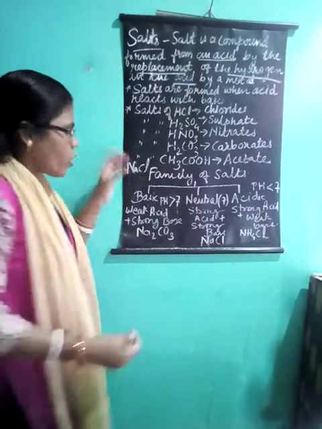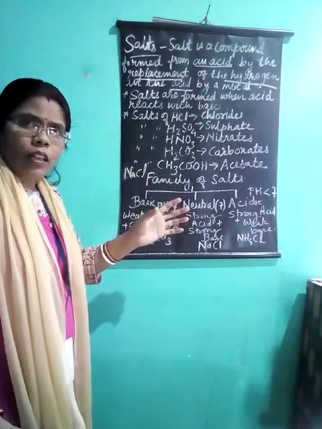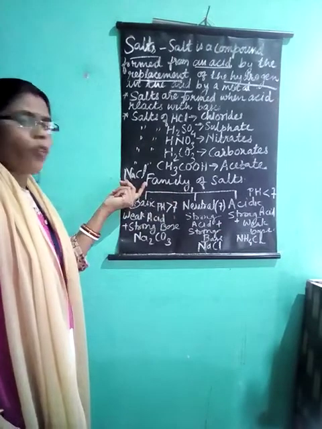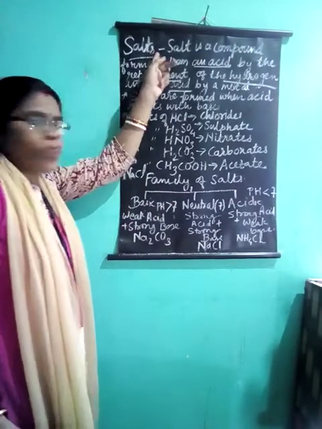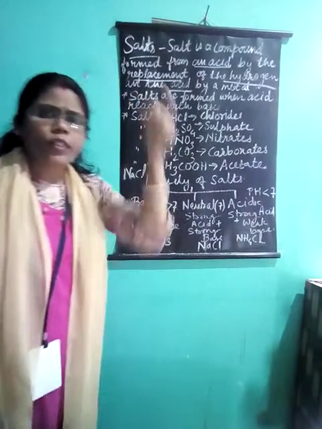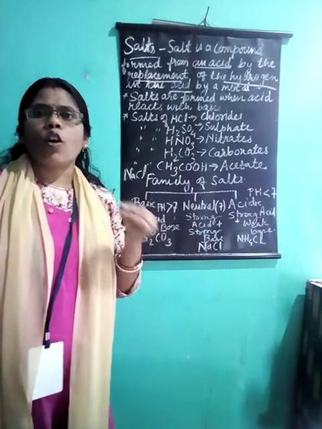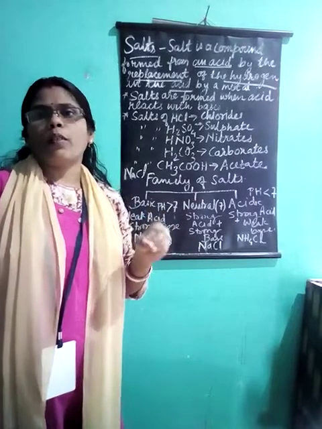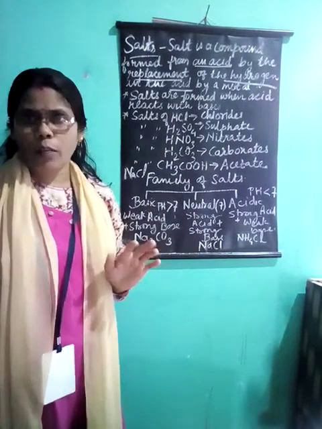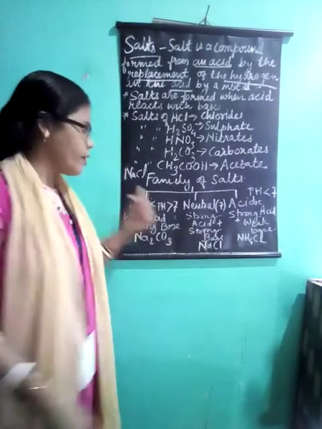In an acid, hydrogen is replaced by a metal, and then a compound is formed. That compound is called a salt. Got it? Now, when we talk about salt, what comes to your mind? Directly, the common salt which is used by your mother in cooking. Only that comes to your mind? That is NaCl, common salt.